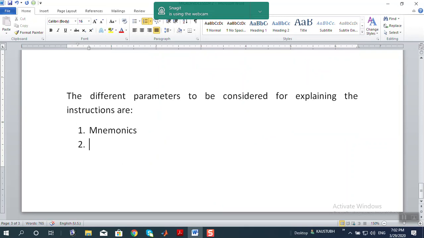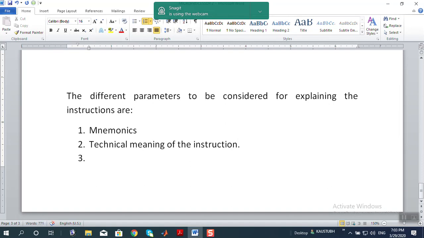Next we'll consider the technical meaning of the instruction, followed by the literal meaning or simply the technical meaning of the instruction.